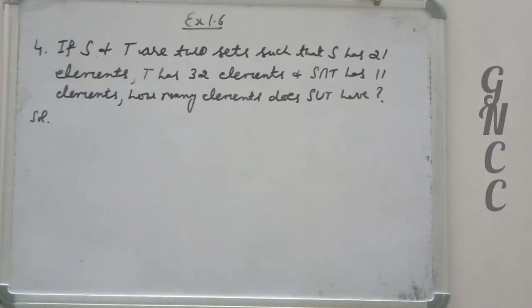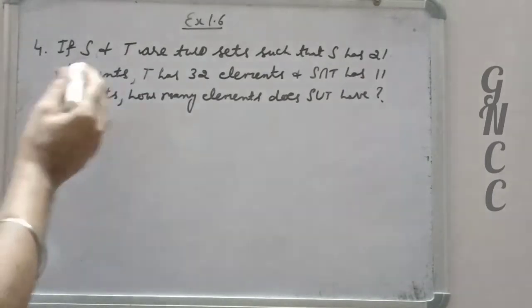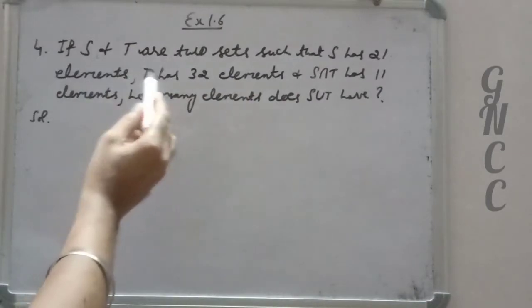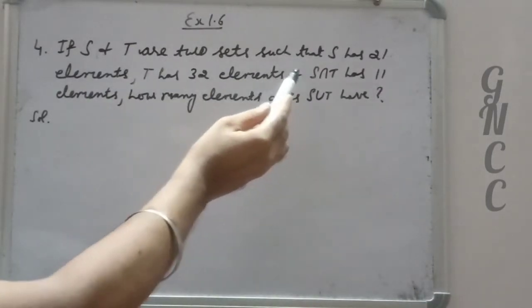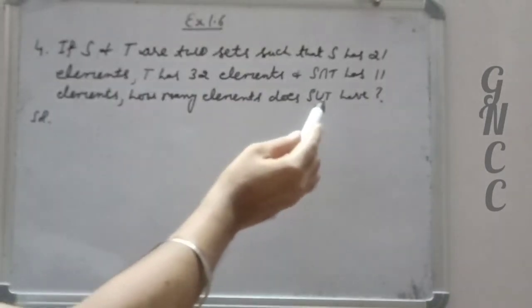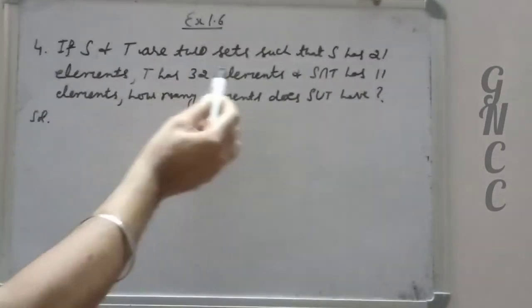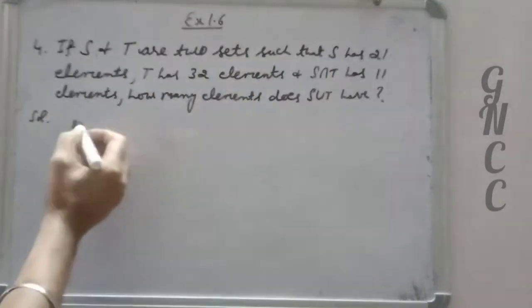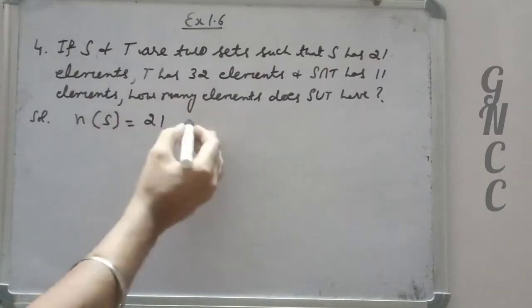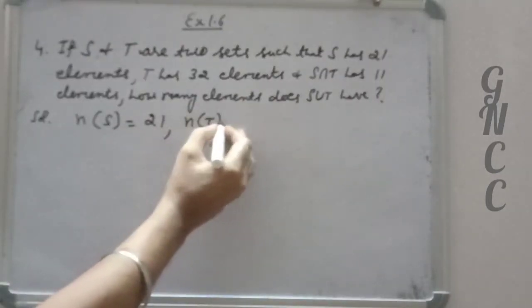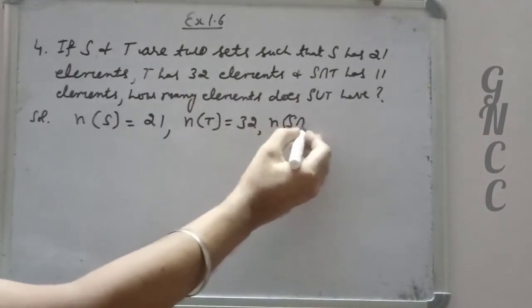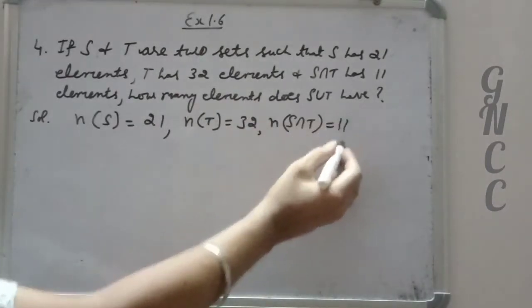Fourth question is, if S and T are two sets such that S has 21 elements, T has 32 elements, and S intersection T has 11 elements, how many elements does S union T have? So S has 21 elements, so n(S) equal to 21. T has 32 elements, so n(T) equal to 32. Intersection has 11 elements.